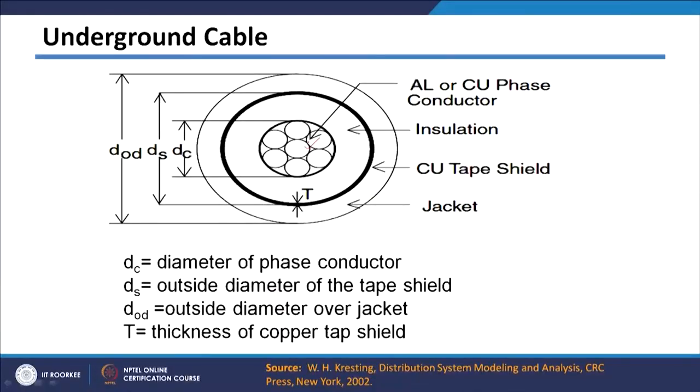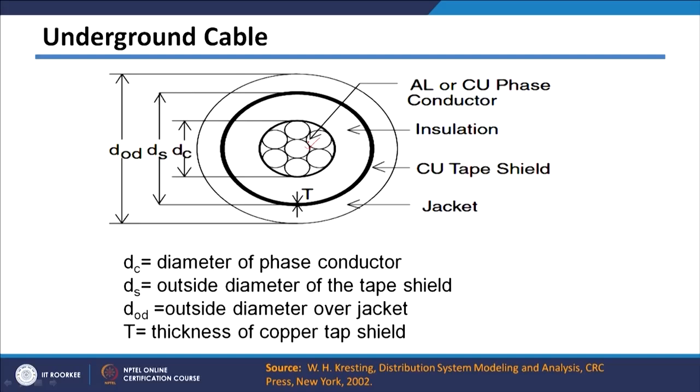Underground cable, you might have already studied in the underground cable chapter. There you might have seen that a cable consists of an inner conductor, which is a stranded conductor.